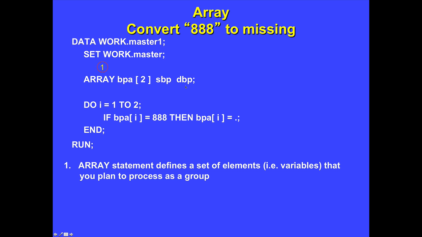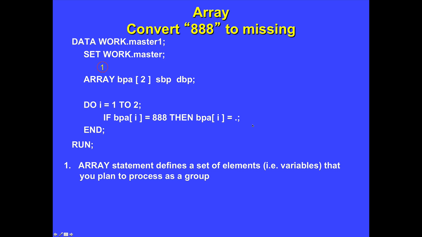Now, an important point here is that you can set up arrays early on in your data step that point to variables that have not yet been created. So that's a possibility that you may use in certain situations. It's not the context of the example here, but I just wanted to make it clear that it is acceptable to put variable names here, even if the variable has not yet been created. But in this situation, I'm specifying variables that exist in the input data set work.master, SBP and DBP, referring to systolic and diastolic blood pressure. So two separate variables. And you end with a semicolon.